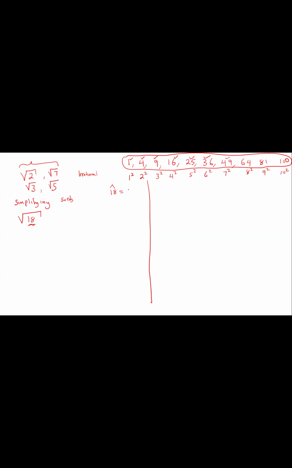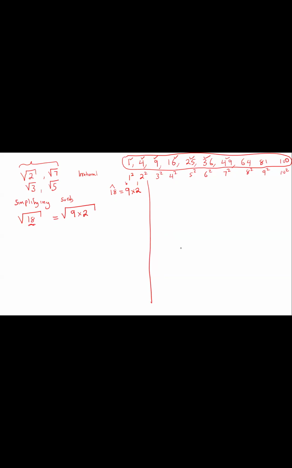Very good. Now, after discovering that, when you're writing, the first number should be the one that has a perfect root, then the second one should be the one without a root. So root 18, we can write as root of 9 times 2.